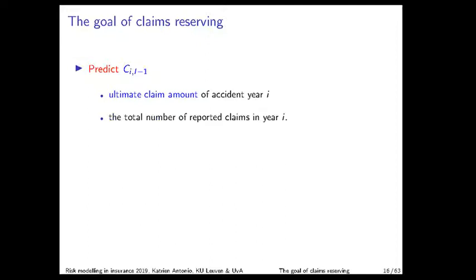Recall that in the notation used in our sheets, the development periods are labeled from 0 until capital I minus 1. This is the random variable you will find on row i, last column in the triangle. That is C_{i,I-1}.